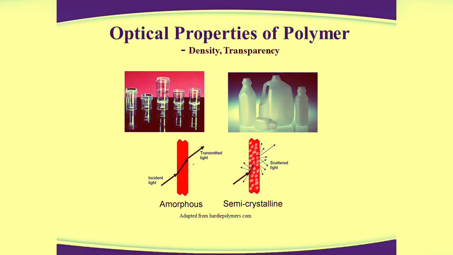As amorphous polymers are homogeneous materials, they allow light to pass through without significant loss in intensity. Whereas in semi-crystalline polymer, majority of light is scattered by the crystals, so they appear opaque. Depending upon the end application, we can modify the optical properties of polymer.